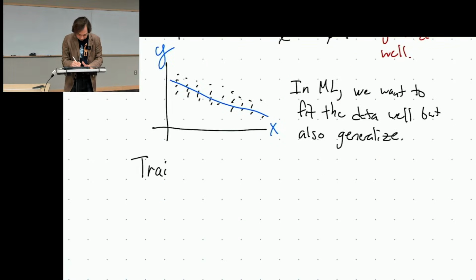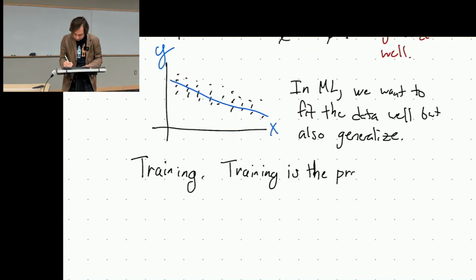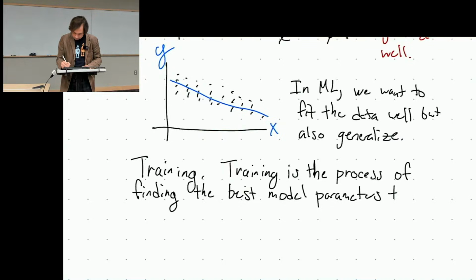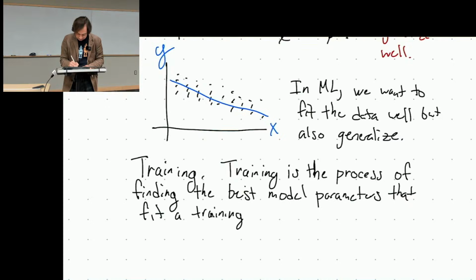Training is the process of finding the best model parameters that fit a training set of data.